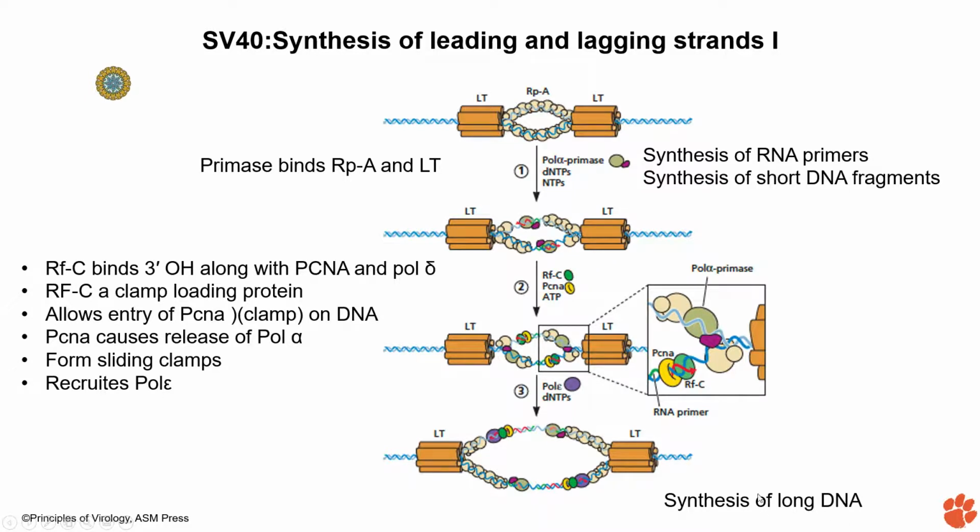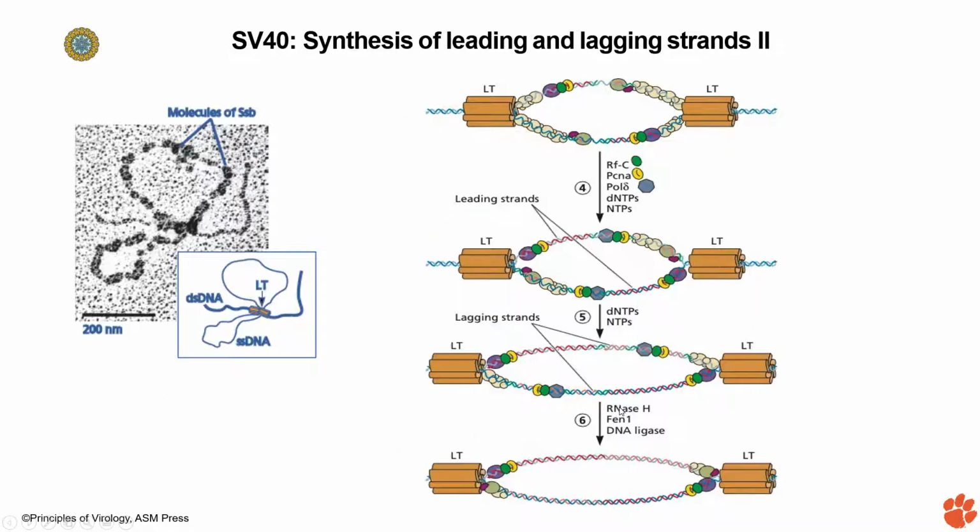Remember that. Next, you already have the RFC and PCNA, and it recruits the Pol delta. The Pol delta is synthesizing the lagging strand, or the Okazaki fragments. Pol epsilon does the continuous synthesis strand, and Pol delta does the other.